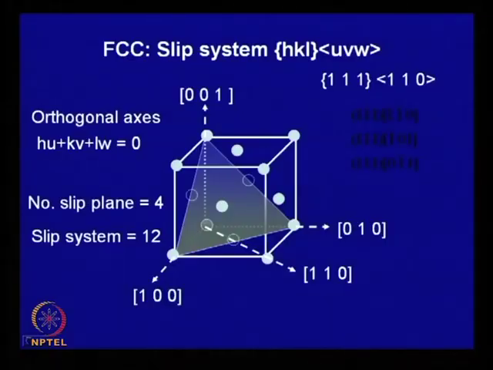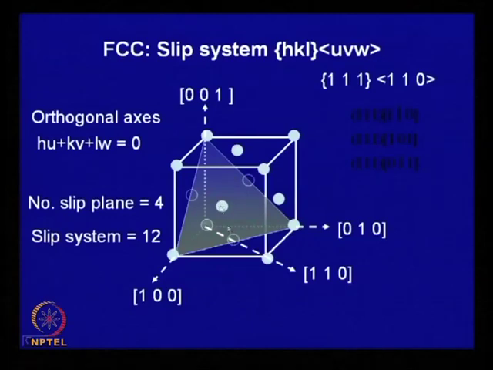So, a slip system will be represented by a crystal plane, say HKL, and a crystal direction UVW, and this direction must be a direction lying on the crystal plane.